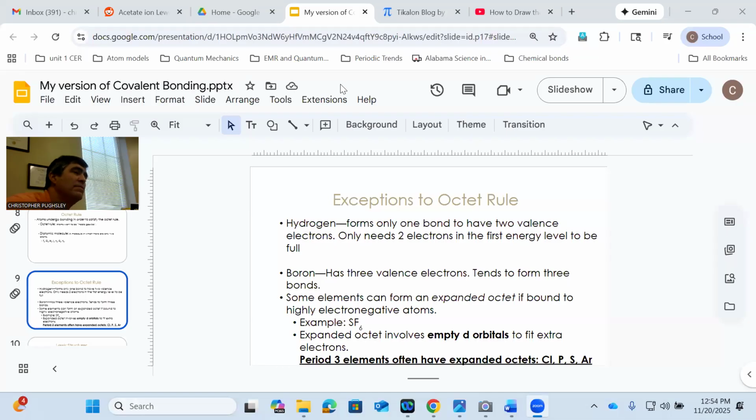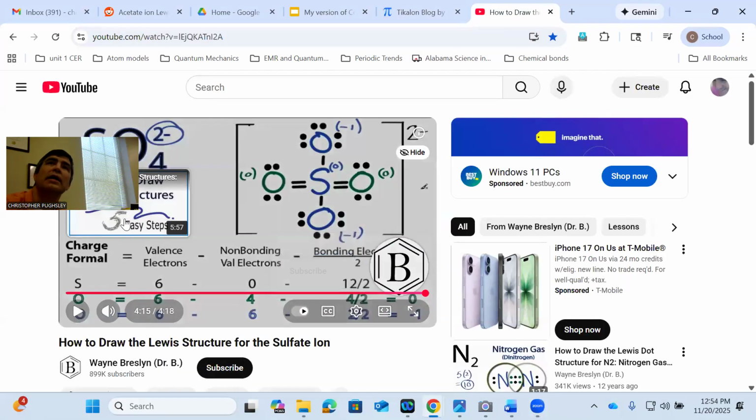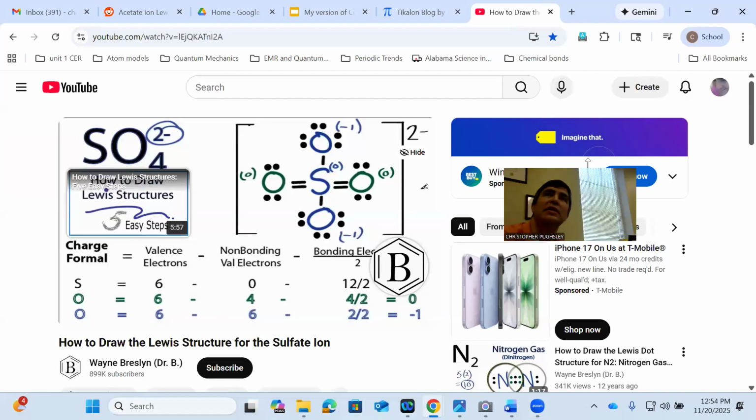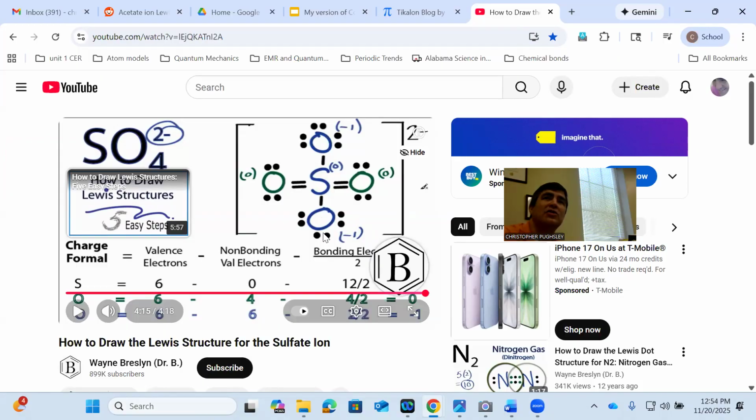So the reason that sulfur has a -2 charge is because it has 2 oxygen ions. All right, yeah, when we go back to what he was drawing at the end, right over here, it's got an oxygen ion here, an oxygen ion here that has a little bit of a negative charge, and it's going to have the non-oxygen ions right here.